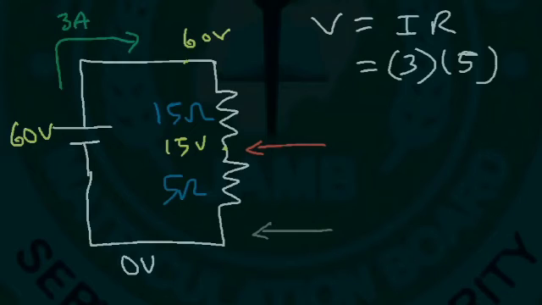Will it read positive 15 or negative 15? If the red probe is at the higher voltage, it's going to read positive 15. If the red probe is at the lower voltage, it's going to read negative 15. So you're still going to get a potential difference of 15, but the sign tells you the direction.